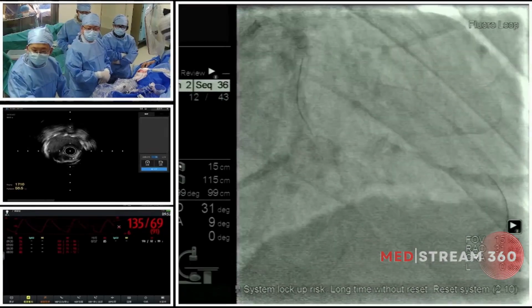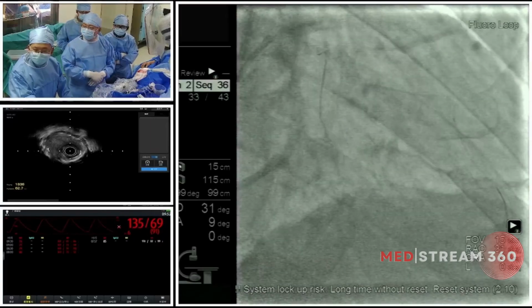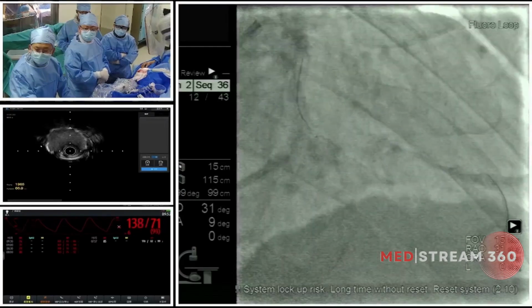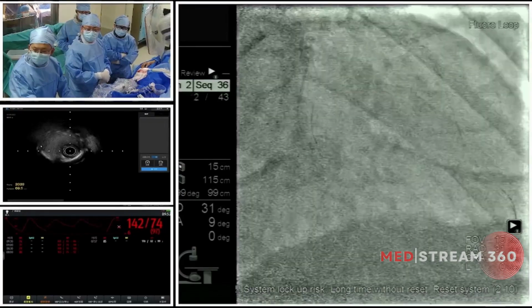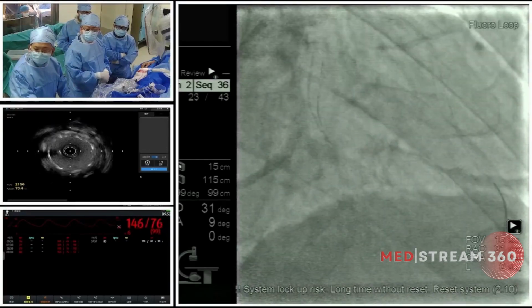Next, we will perform the POT technique with the 5.0 balloon at the left main stent.